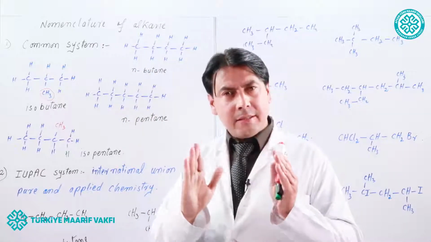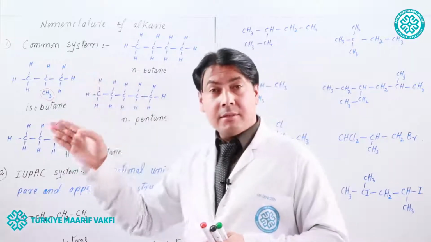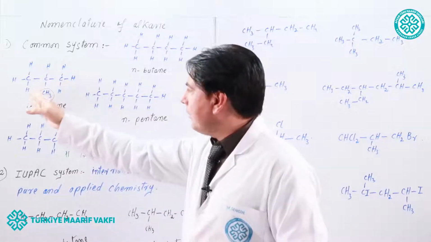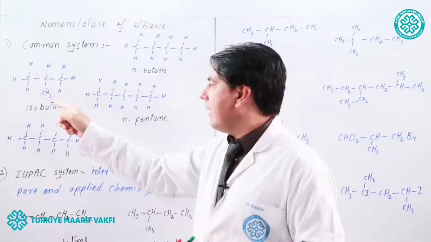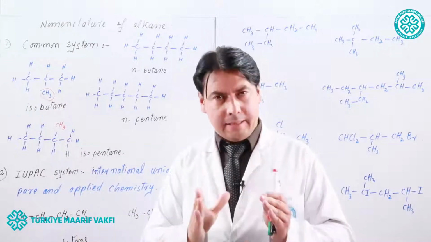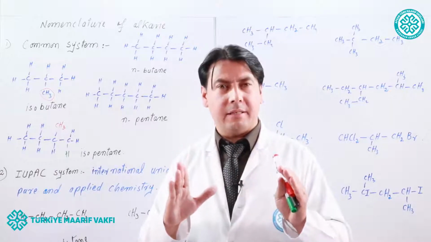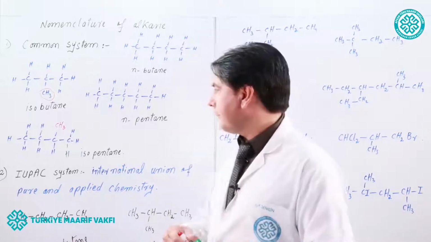So for straight chain compounds we use N, and for branched chain compounds we use iso. So here are 4 carbon atoms, and we can give it the name isobutane. And alkanes have all single bonds between carbon atoms. Therefore, they are also called saturated hydrocarbons or alkanes.